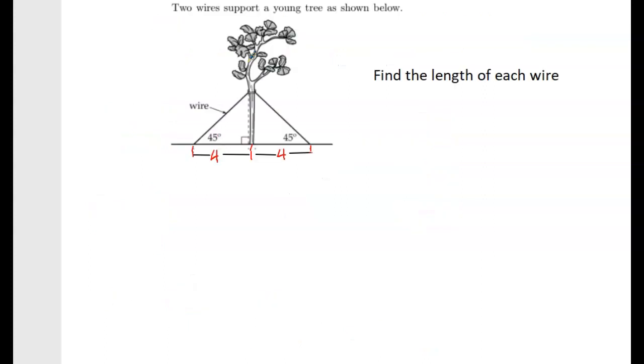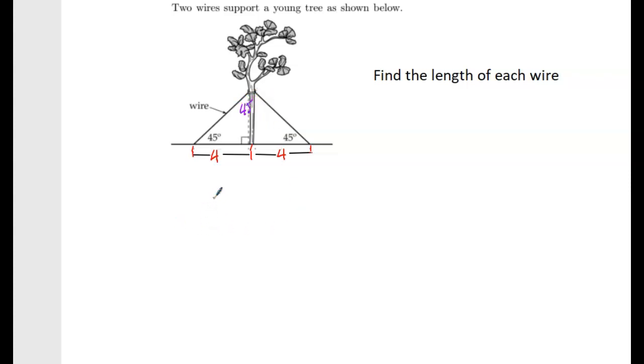Okay, so let's look at another example here. There are 2 wires supporting a young tree as shown below, and they want us to find the length of each wire. Here we realize that we have 45 here, we have 45 here, and this is 90. This symbol represents 90. So obviously here will also be 45 degrees.